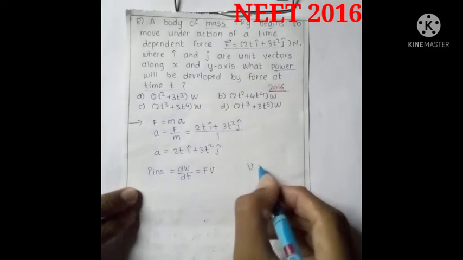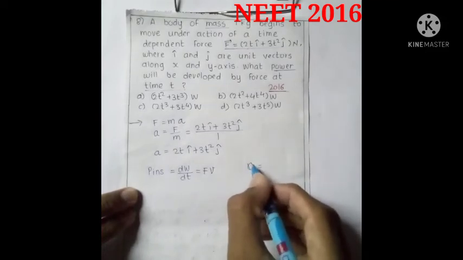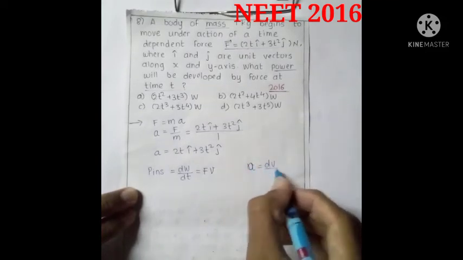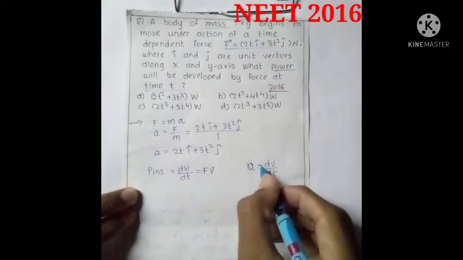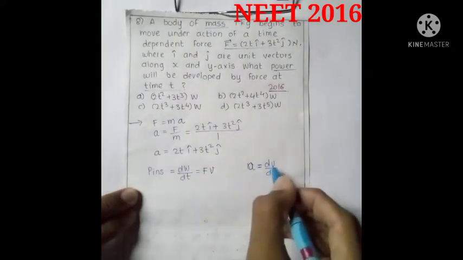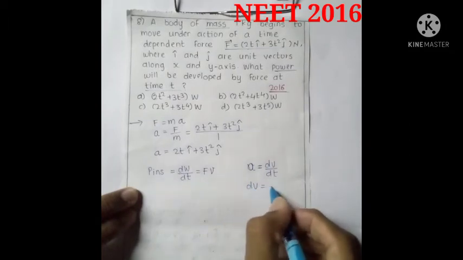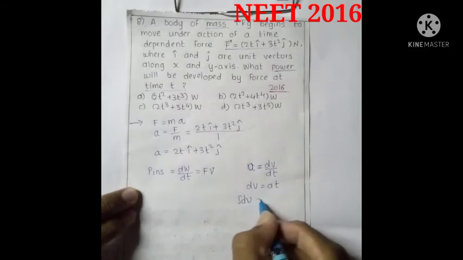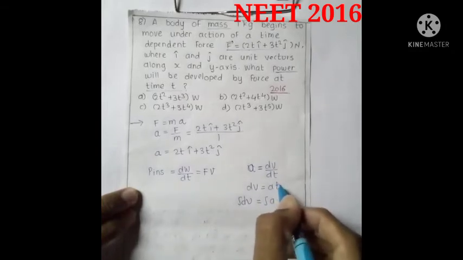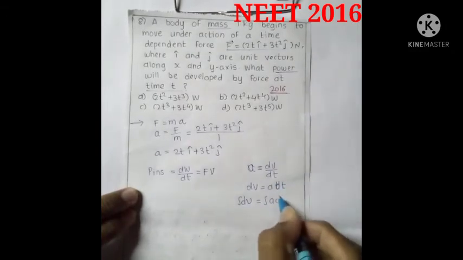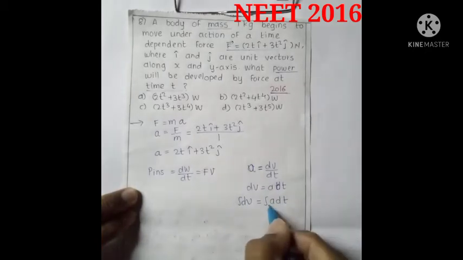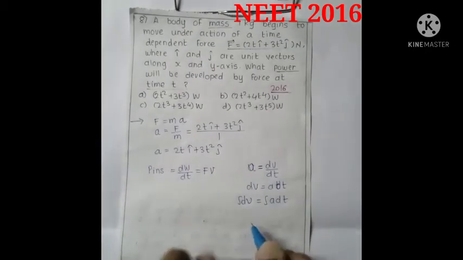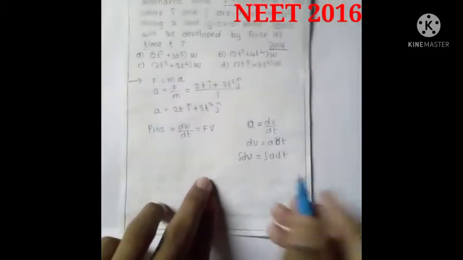As acceleration is dv by dt, the first derivative of velocity, so dv is equal to a dt. So integration of dv is equal to integration of a dt. So we can calculate velocity from the acceleration.